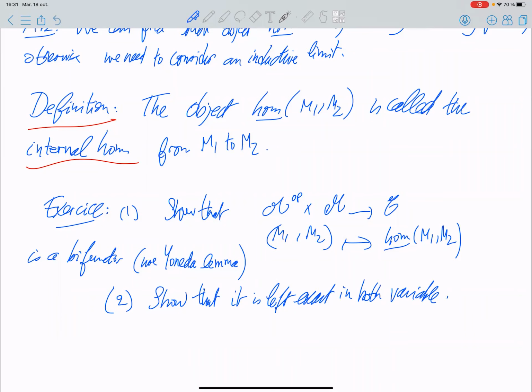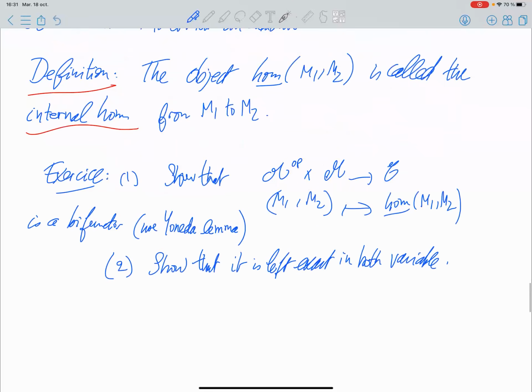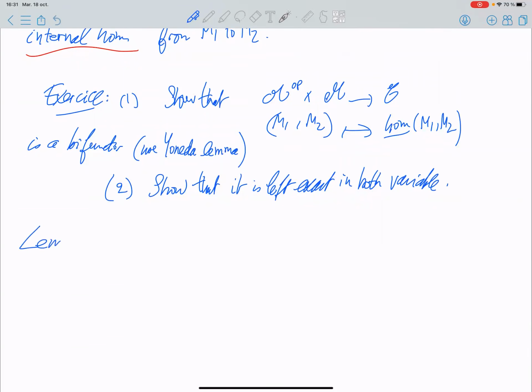Now, a list of natural isomorphisms involving the internal Hom. So, lemma. There are the following natural isomorphisms.